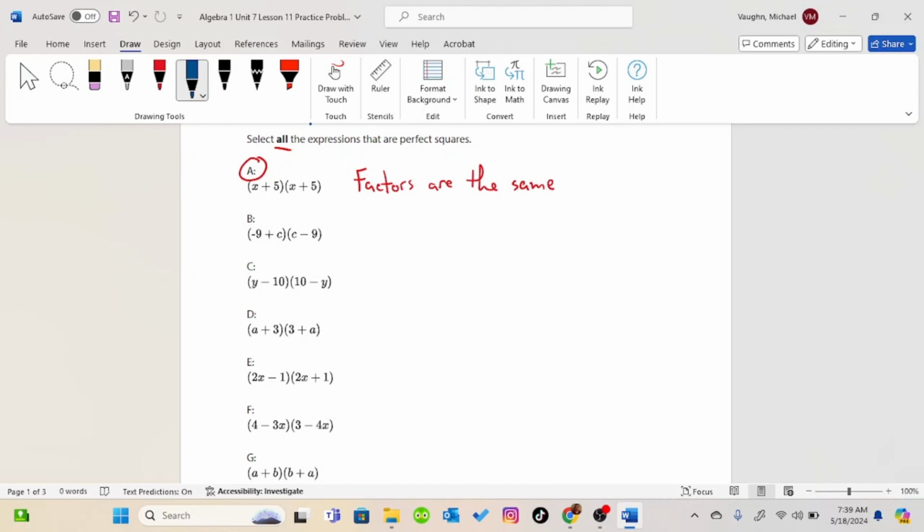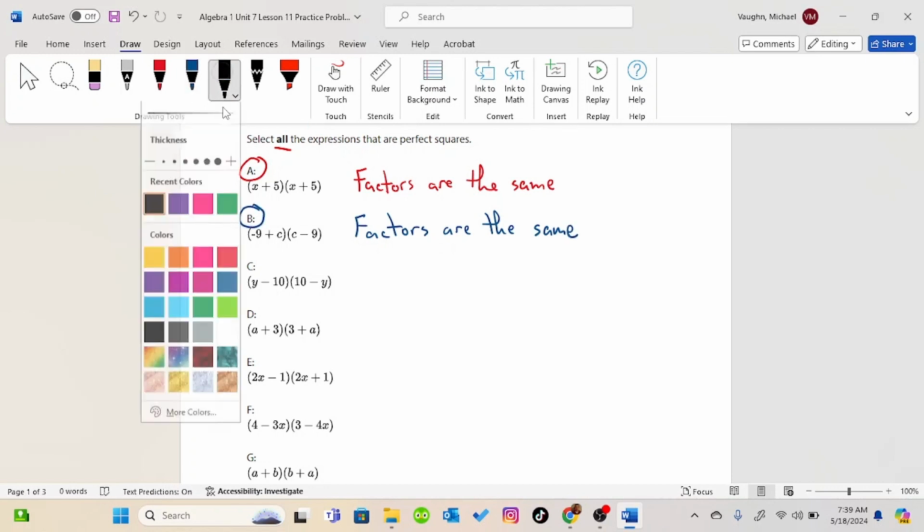While the order is the opposite, the factors are still the same. The c is positive in both factors, and the 9 is negative in both factors. So the factors are the same. So B is also a correct answer.